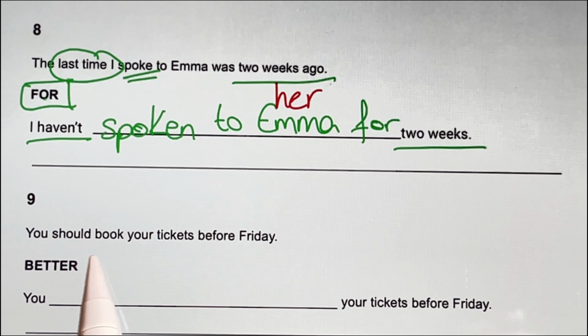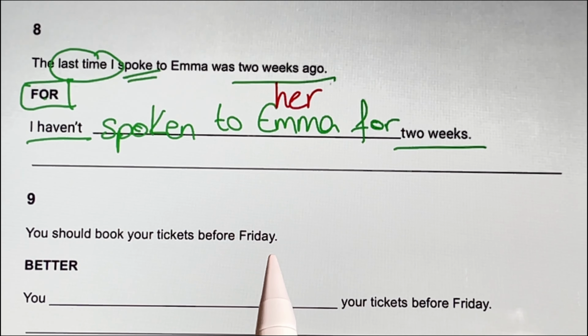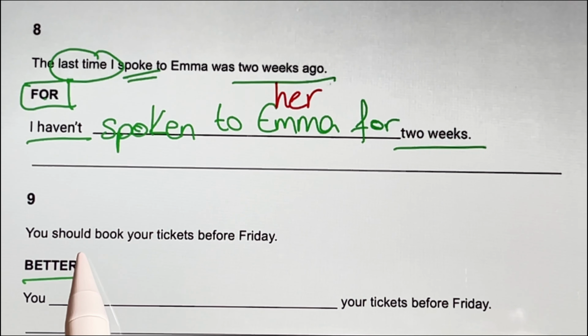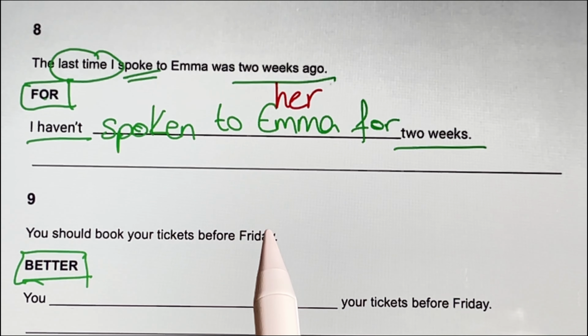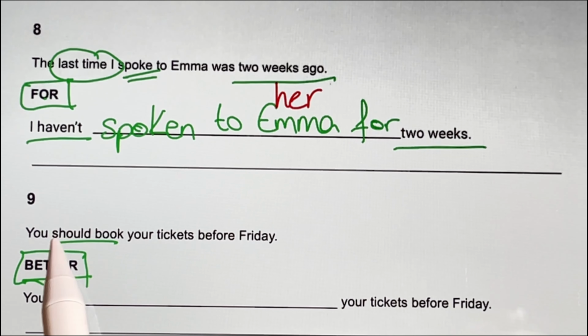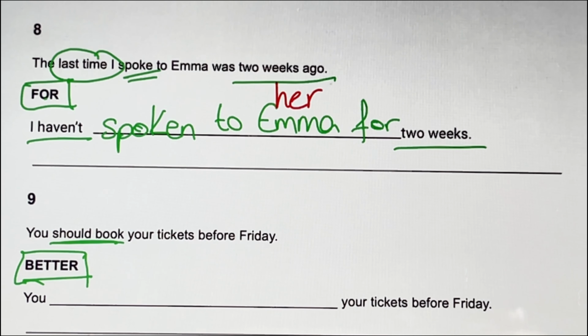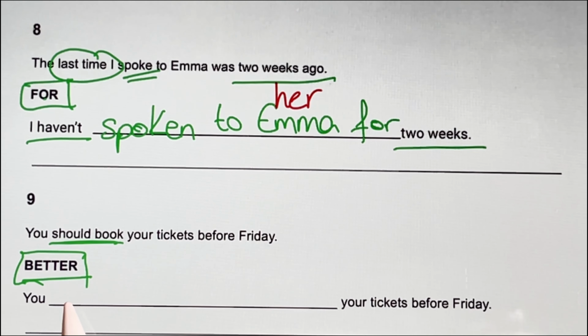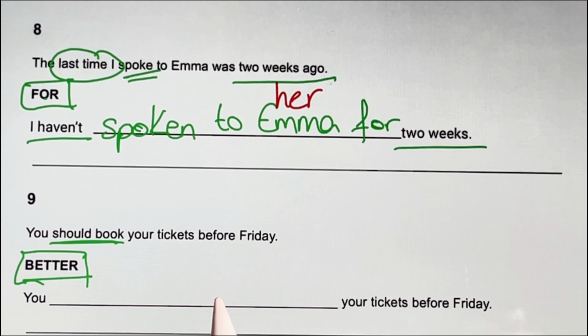Number 9, you should book your tickets before Friday. Now here you have the word given "better" and "should". That will be the clue. Okay, in this one it says, your tickets before Friday. Okay, you can think, well, this is a comparative, but the comparative will have to be like, it will be better if you... Okay?